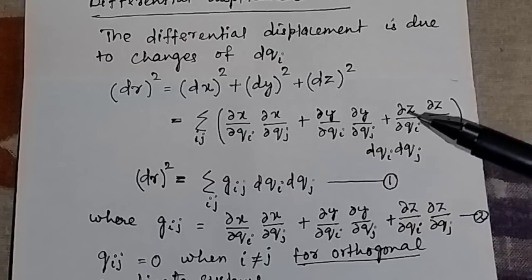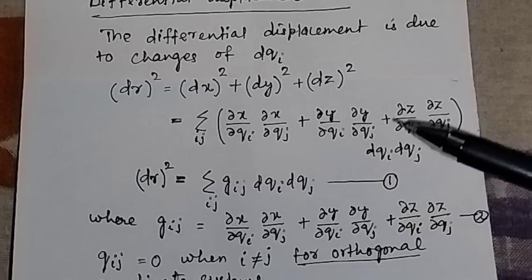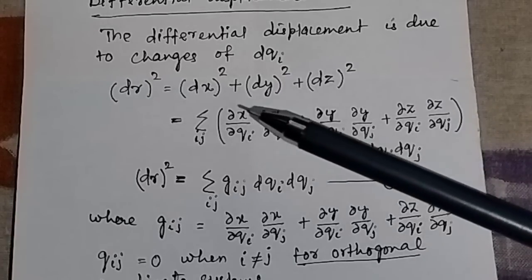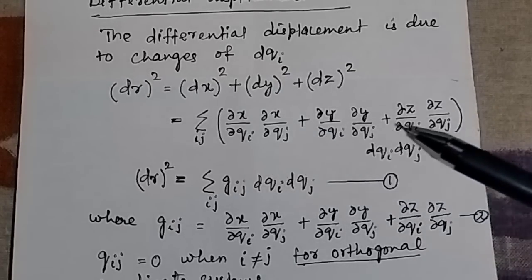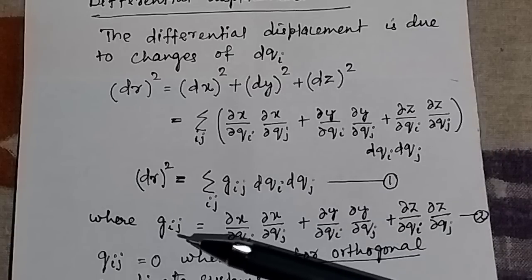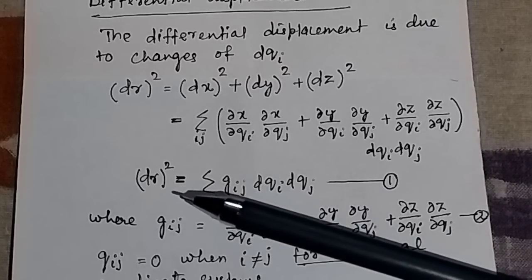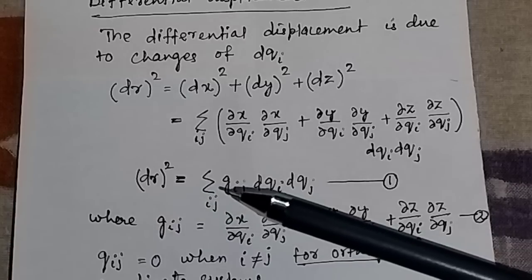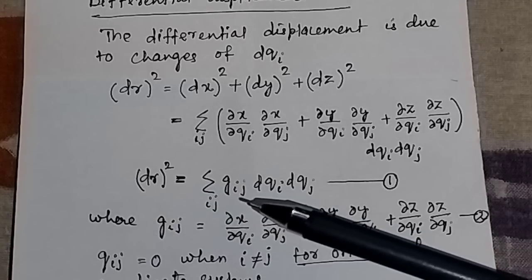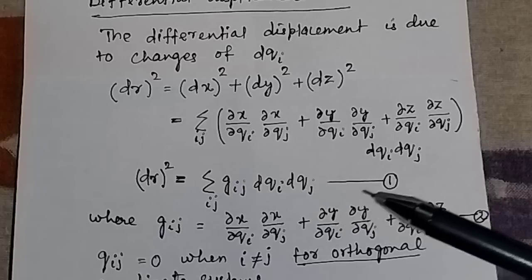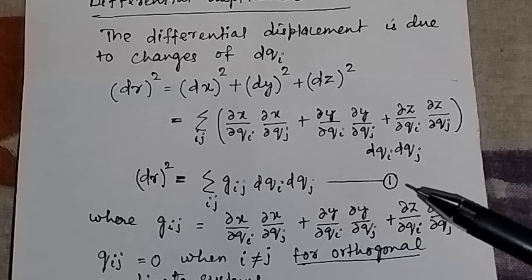Similarly for y and similarly for z. And this term in the bracket we define by gij. So the next equation will be dr square is equal to the sum over i, j of gij dqi dqj.